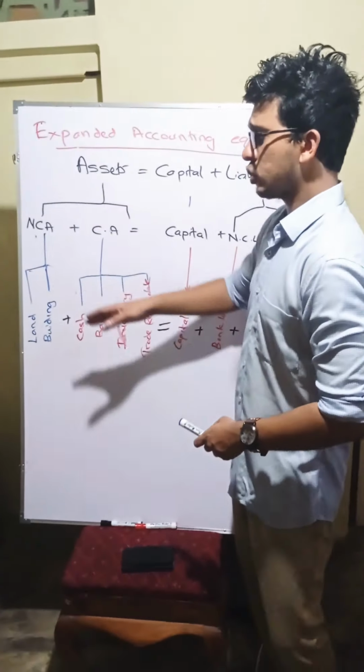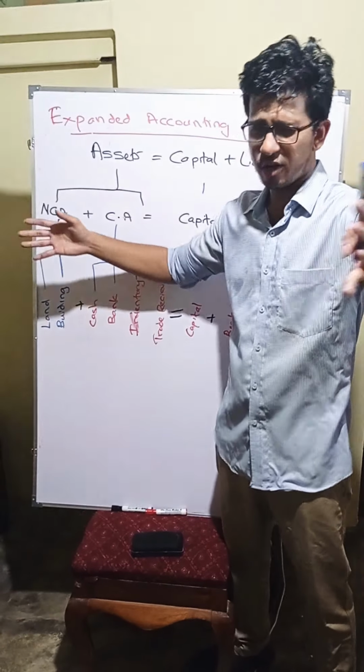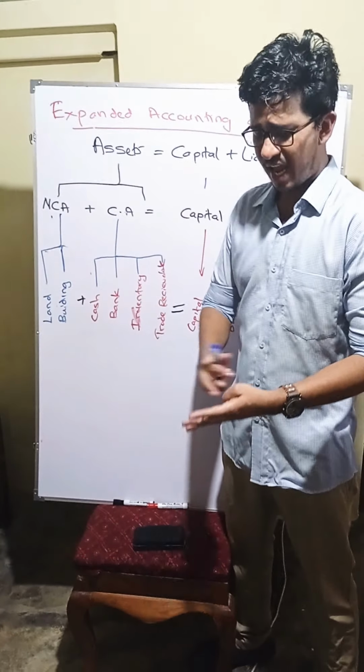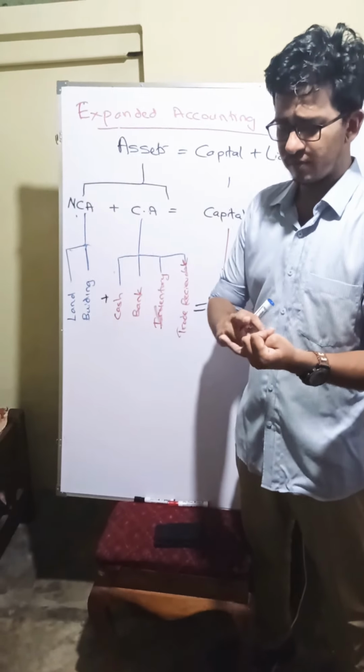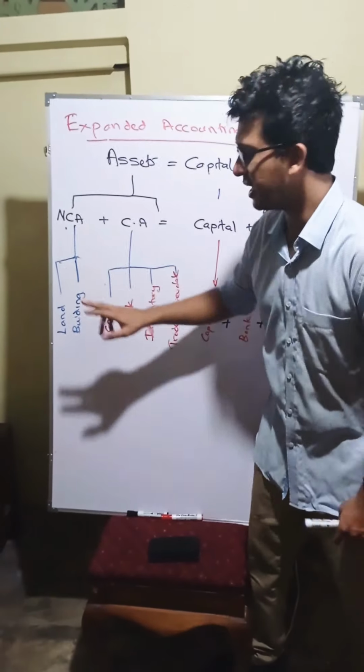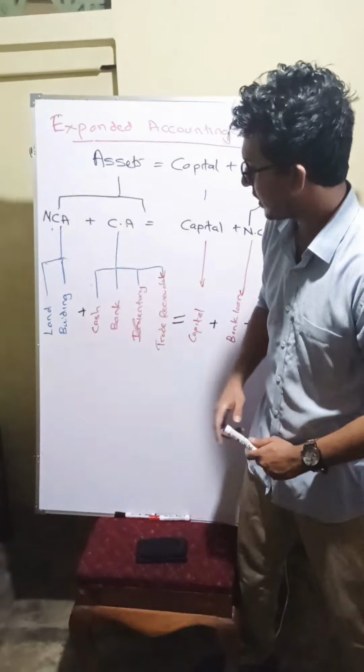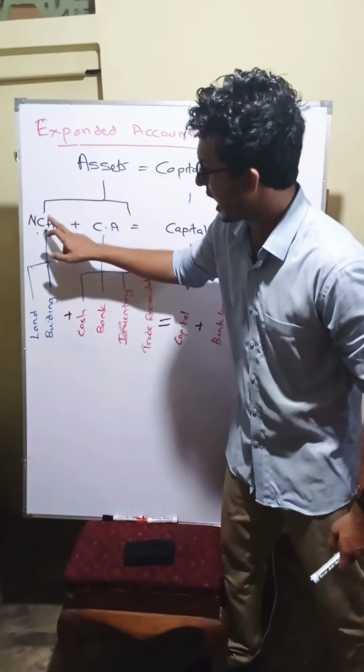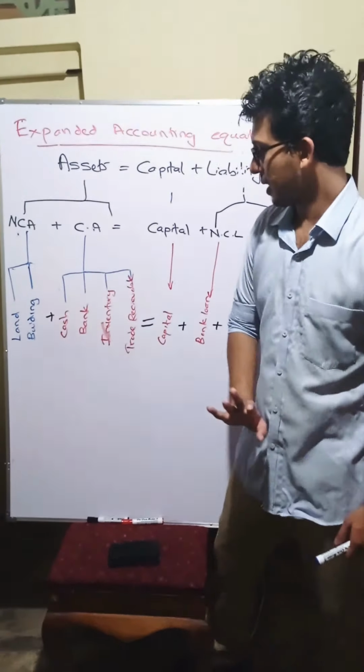We know there are a lot of non-current assets. We have studied land, building, motor vehicle, machinery, fittings, furniture, equipment. I did a lot, so I'm not going to write everything. Non-current assets, I wrote two examples: land and building.